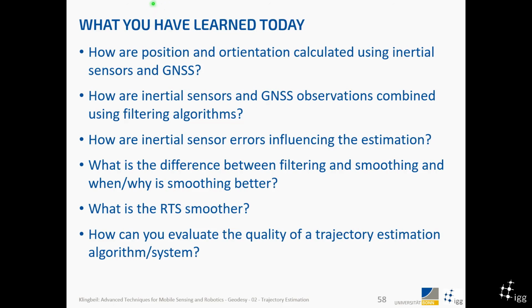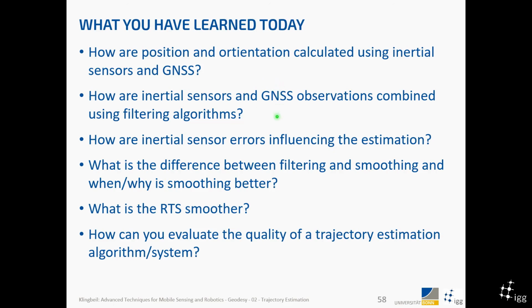Okay, let's summarize what you have learned today. We repeated some of the points from the last semester on how position and orientation can be calculated using inertial sensors and GNSS. We focused on how GNSS and inertial sensors are combined using filtering algorithms like the Kalman filter.